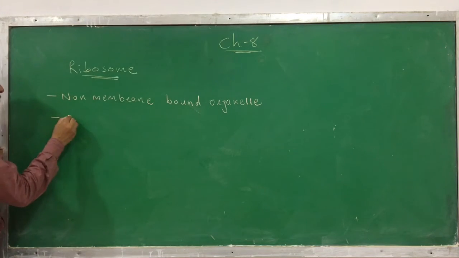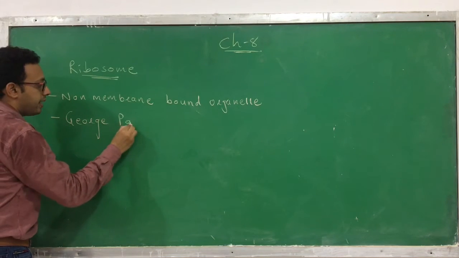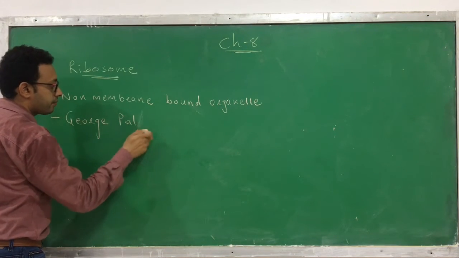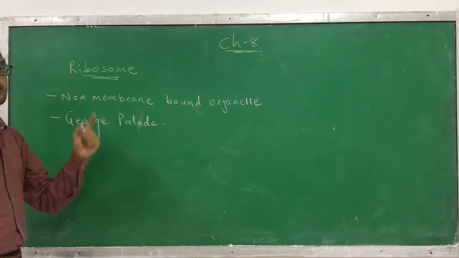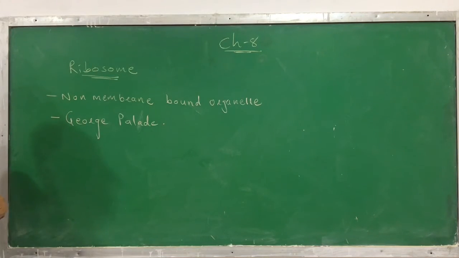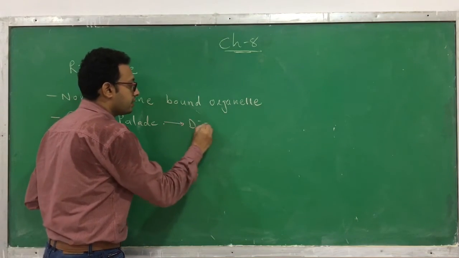The ribosome was discovered by a scientist called George Palade. Okay, so the discovery of this ribosome was done by this scientist.